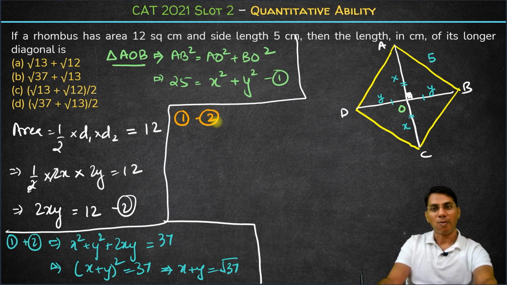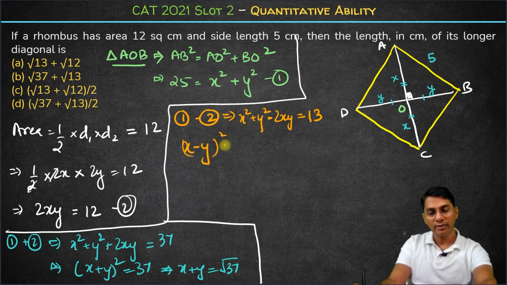So 1 minus 2 gives x square plus y square minus 2xy, which is equal to 25 minus 12, which is 13. So x square plus y square minus 2xy is effectively x minus y whole square, which is 13. This gives us x minus y is equal to root 13.